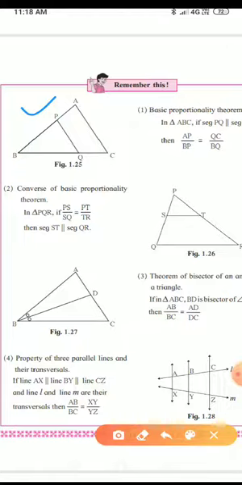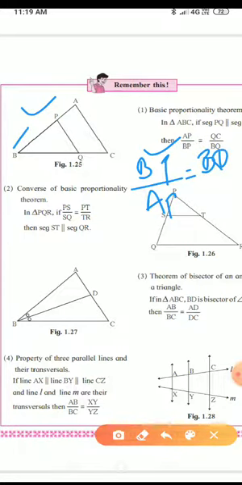Then according to the basic proportionality theorem, we have this formula: AP upon BP is equal to QC upon BQ, or we can write the same formula in this direction, BP upon AP is equal to BQ upon QC. You can change direction but the formula remains the same. This is according to the basic proportionality theorem, when one segment is parallel to one side of a triangle.